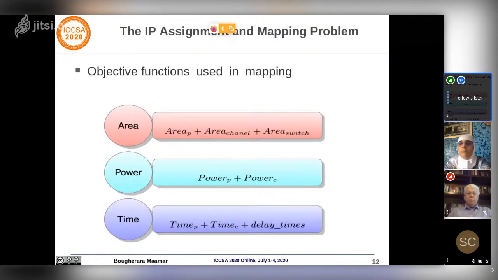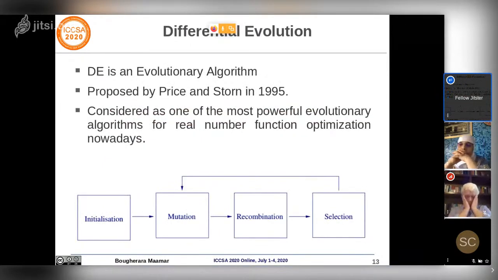In the IP mapping, we also have three objectives: area, power, and time. The problems of IP assignment and IP mapping are NP-hard problems in network-on-chip design. We use one of the optimization algorithms. In our work, we propose to use differential evolution.